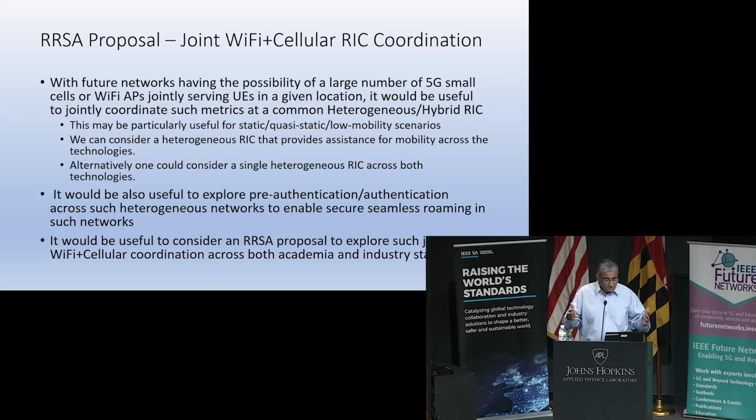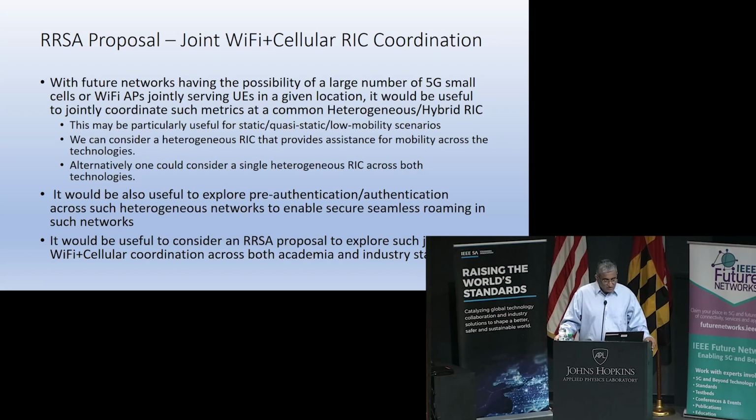And so what do you use at any given time? The RIC could be aware of the utilization across these technologies to help in decision making. And particularly when we bring in Wi-Fi, we are looking at maybe static, quasi-static, or low mobility scenarios. And the RIC would help in assisting mobility across these technologies.